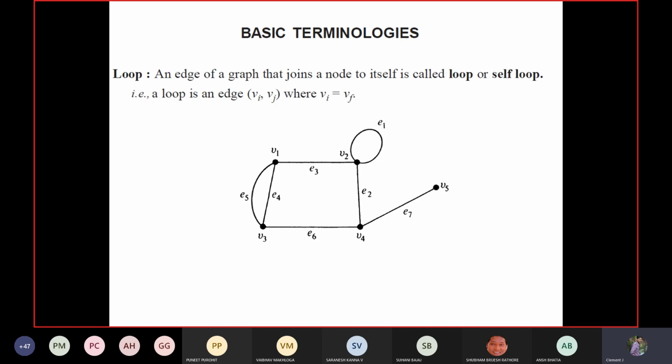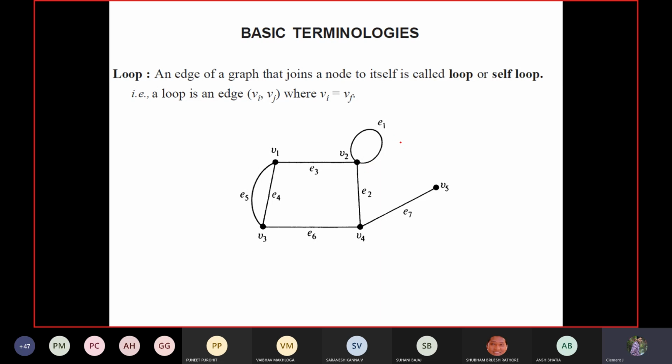Sometimes they can call it a self loop. Self loop is nothing but an edge that starts at one vertex and ends at the same vertex. For example, here you can consider the self loop at V2. Here there is one edge, that is the edge E1. That edge has its starting point at V2 and ending point at the same V2. Then it is called a self loop.